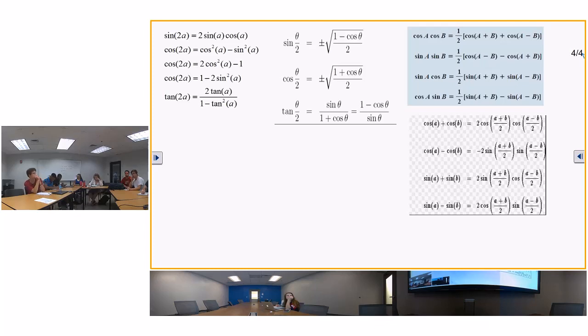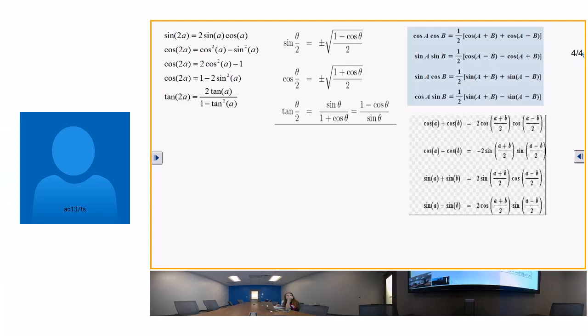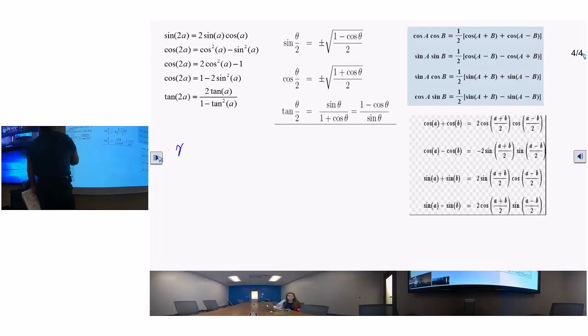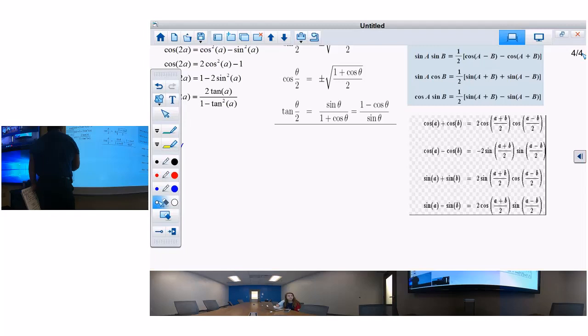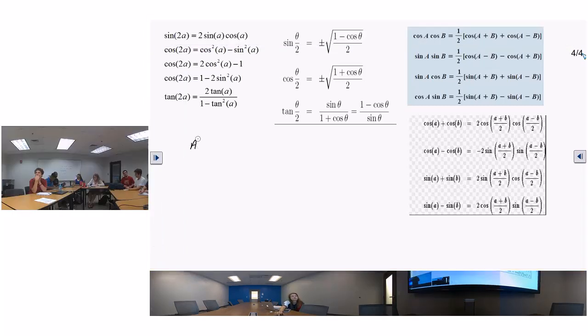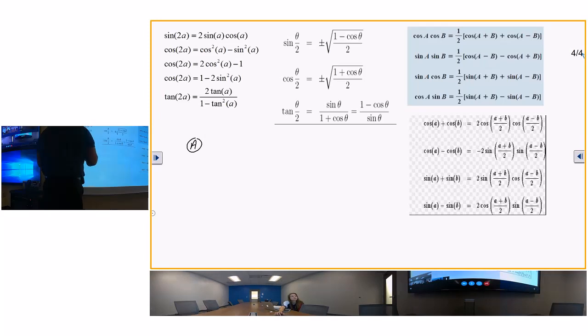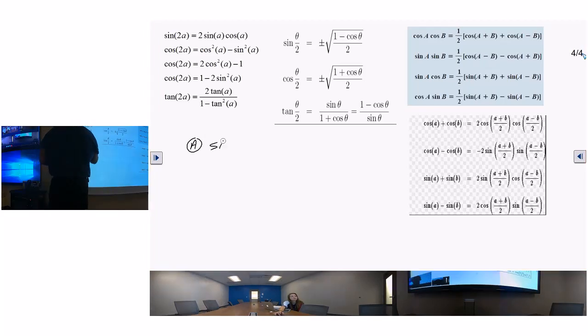I'll go ahead and let you write down the first one. The first example we're going to do, well, let me rewrite it. I want you to write the sine of 2 theta and the cosine of 2 theta.